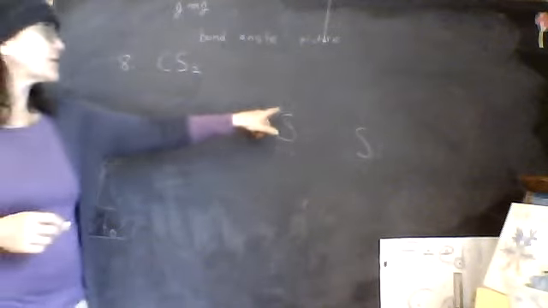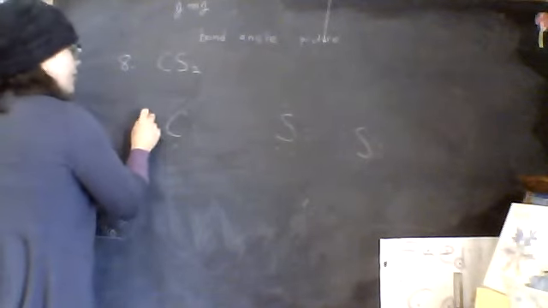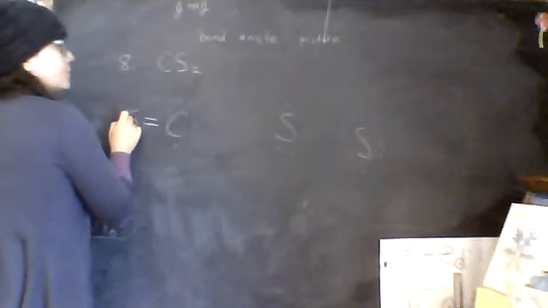Okay, so sulfur has 2 open spots, right? So it's actually going to form a double bond. We're going to have a double bond here, and a double bond here.